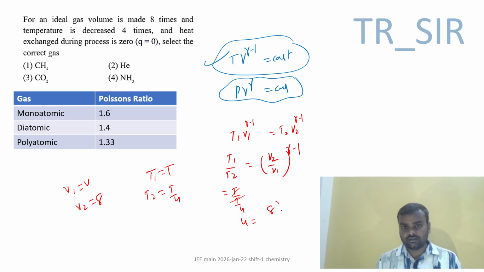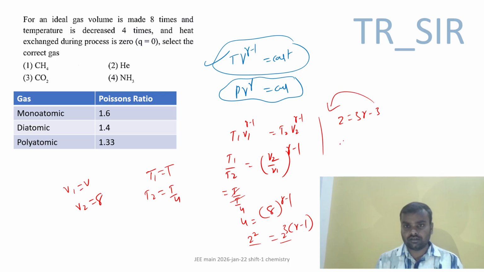So 8 whole power of gamma minus 1. So we can write 2 power of 3, gamma minus 1. So bases are same, powers should be equated. So 2 is equal to 3 gamma minus 3. So bring the 3 here, 5 is equal to 3 gamma. Gamma is equal to 5 by 3. 5 by 3 value 1.6 is coming.